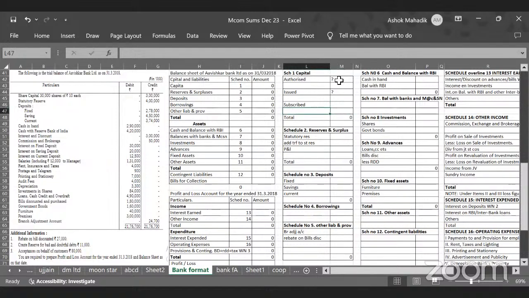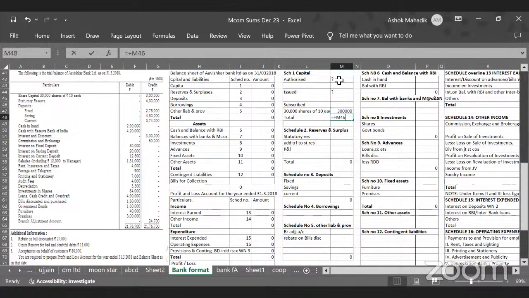So if you want, we can start with the sum itself. 30,000 shares. So I can write here 30,000 shares of 10 each. So amount is 3 lakhs.